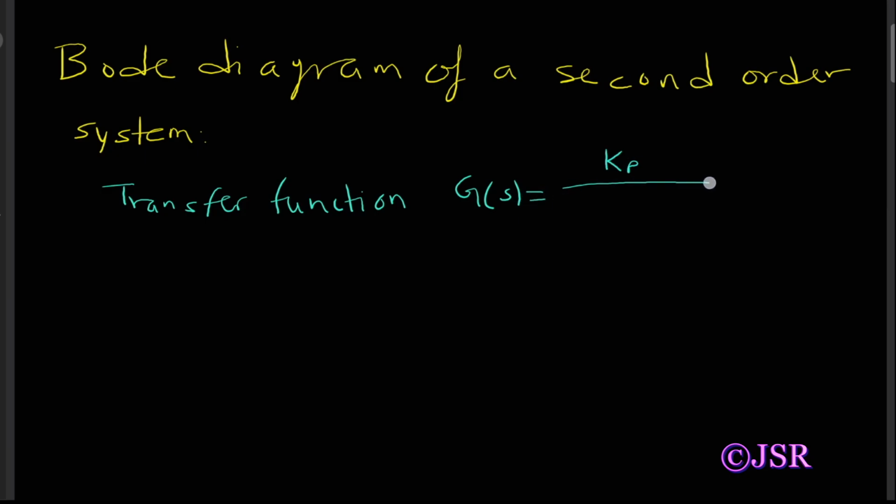Kp upon tau square s square plus 2 zeta tau s plus 1. So this is equation number 1.